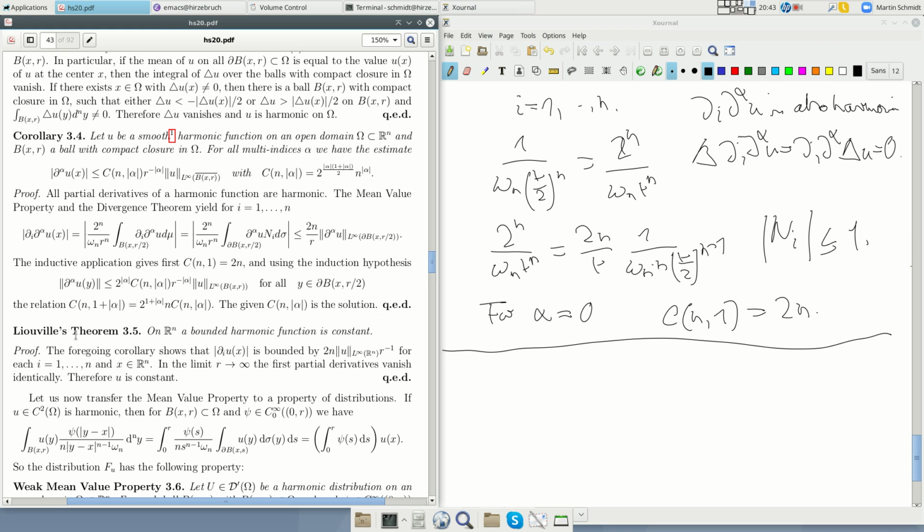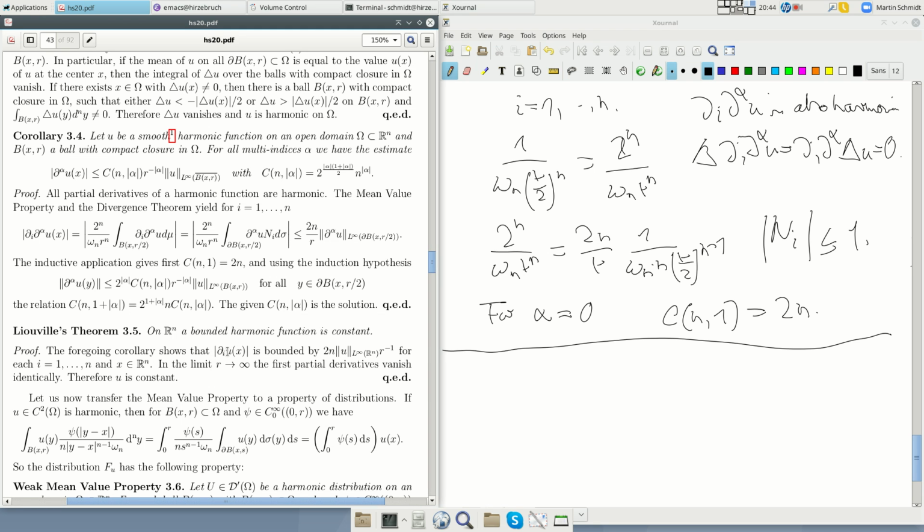An entire harmonic function, a function which is defined on the whole Euclidean space R^n and which is bounded, has to be constant. The reason is quite simple.